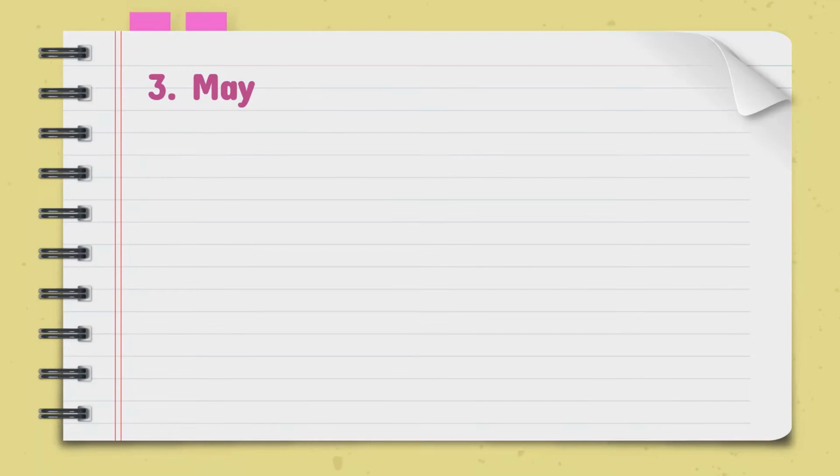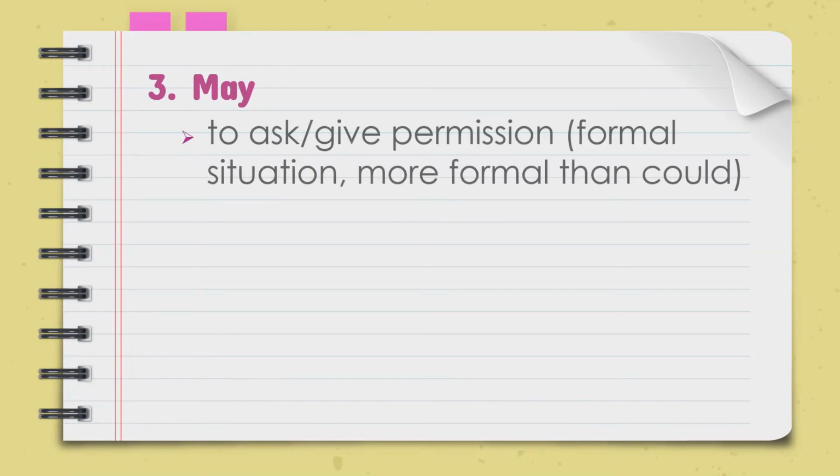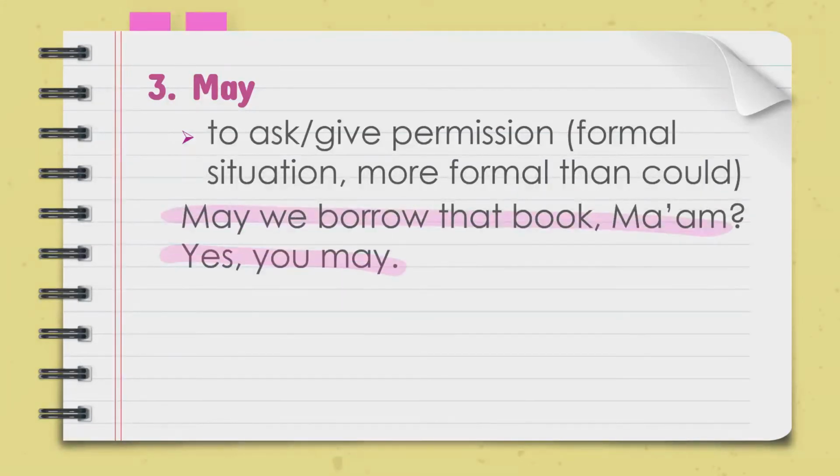Number 3, we have may. It is used to ask or give permission in formal situations. Note that the use of may is more formal than could. For example, may we borrow that book, ma'am? Yes, you may. Then, may is also used to express wish.